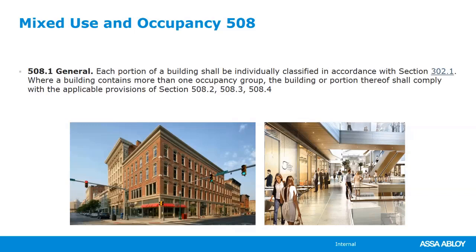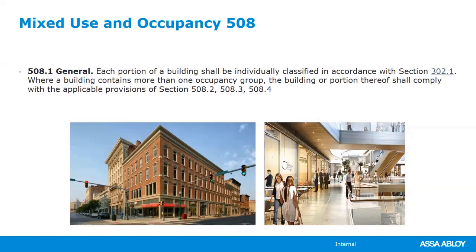For example, if you've got a college building, that's business, Group B. But if you've got an auditorium that can hold 300 people, that's Group A, assembly. If they intermingle and share the same egress components, corridors, doors, stairs, etc., then delayed egress is not permitted because assembly would overrule the business.